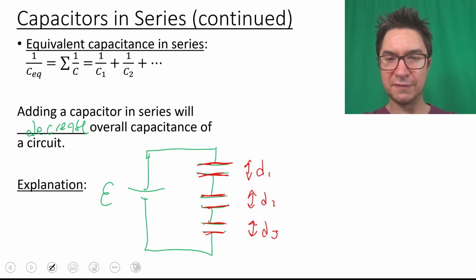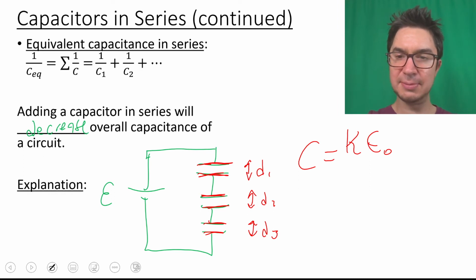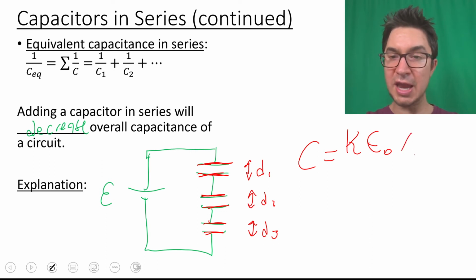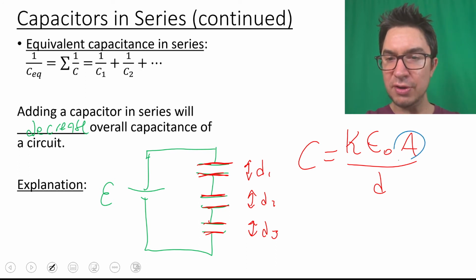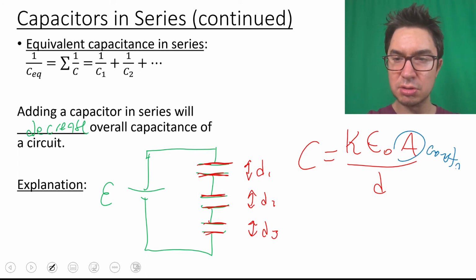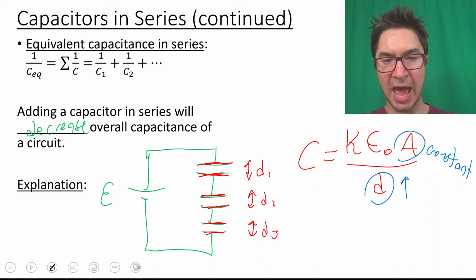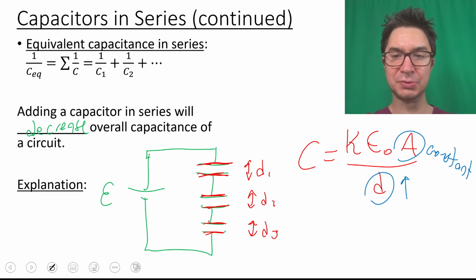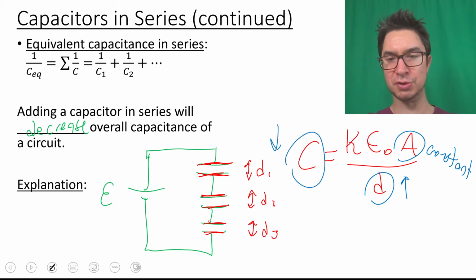If we look at the equation for the capacitance of a parallel plate capacitor, capacitance is equal to kappa, the dielectric constant, times epsilon naught, the permittivity of free space, times the area over the distance. Now, if this area is staying constant, and this distance is increasing because we're adding more space between the plates, an increasing distance in the denominator will cause the capacitance to reduce.